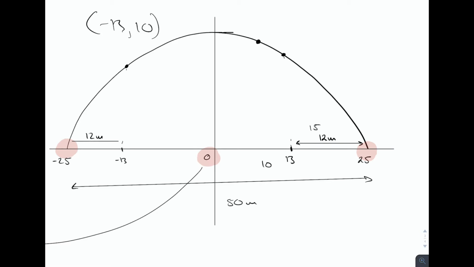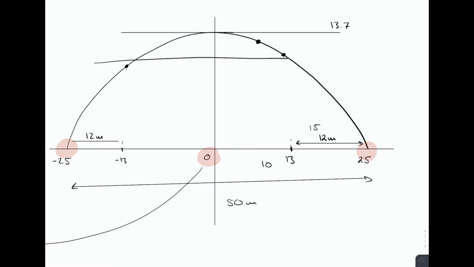Okay, let's put in one value here. This topmost point, let me flatten that out. So this guy right up here is going to be 13.7. So 4 meters from the top is basically subtracting 4 from 13.7, which is going to give us 9.7.